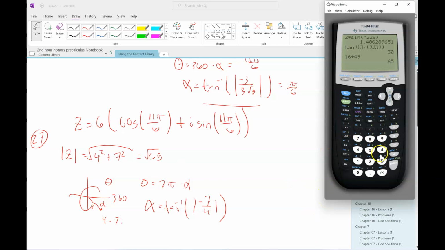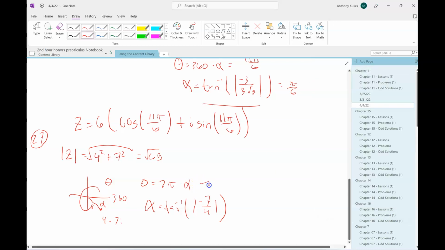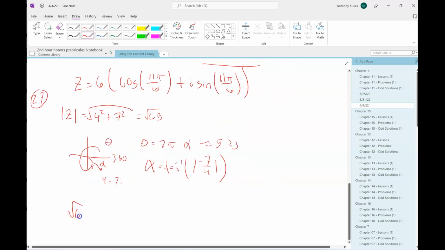You know, like 2 pi, 360, whatever. You guys will get it. I hope by this point, right? Notice that I'm doing the absolute value in my head rather than typing it into my calculator. So 5.23. So root 65 times cosine 5.23 plus i sine 5.23.